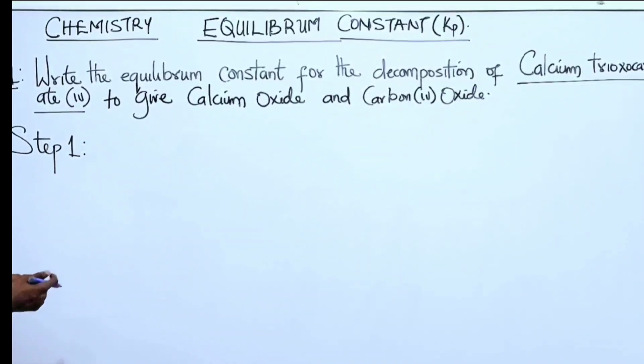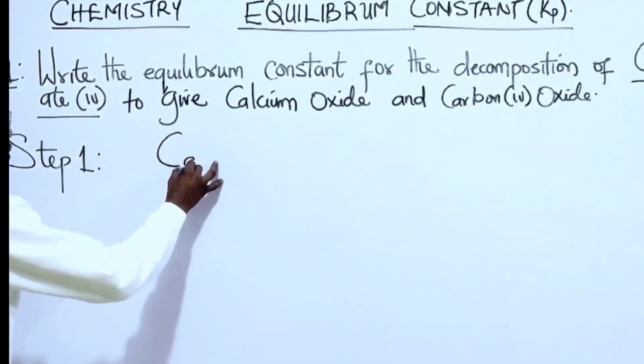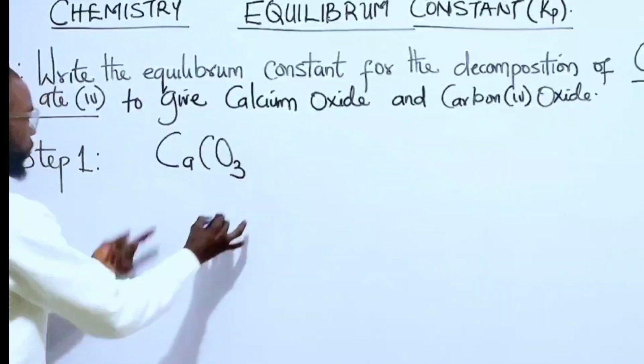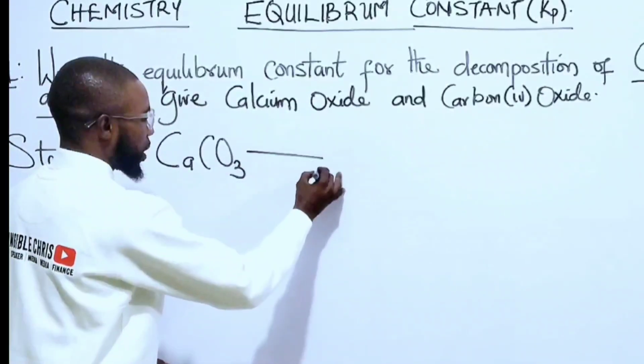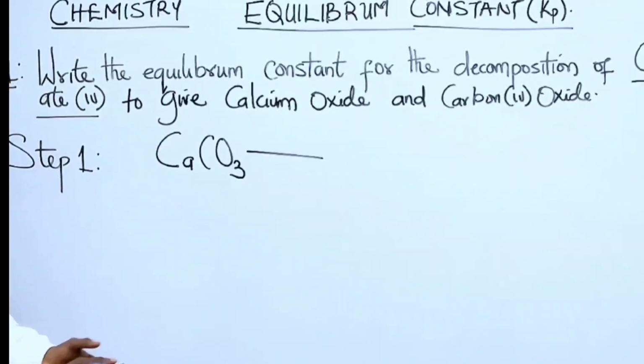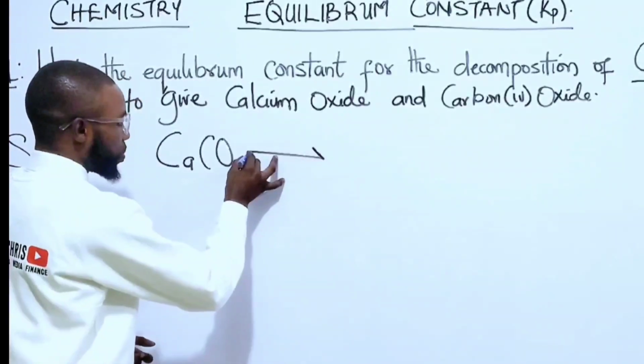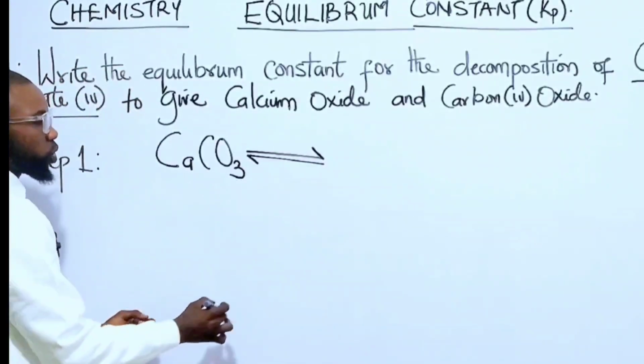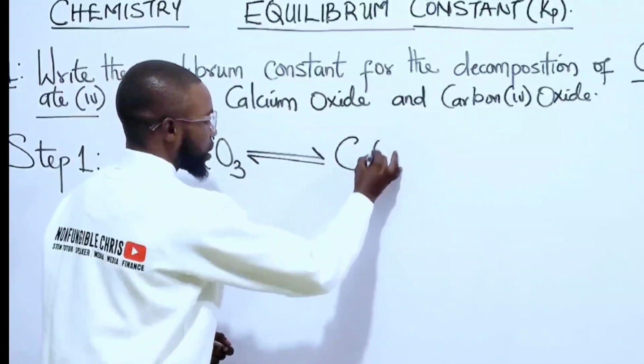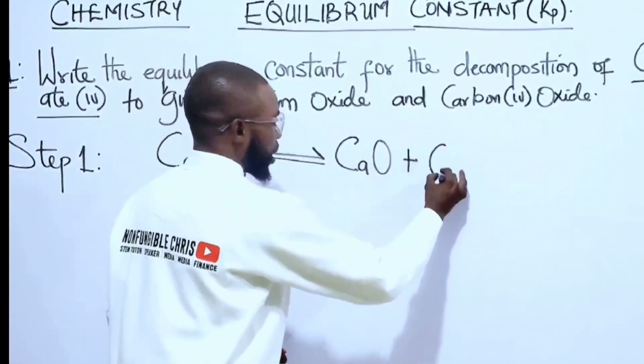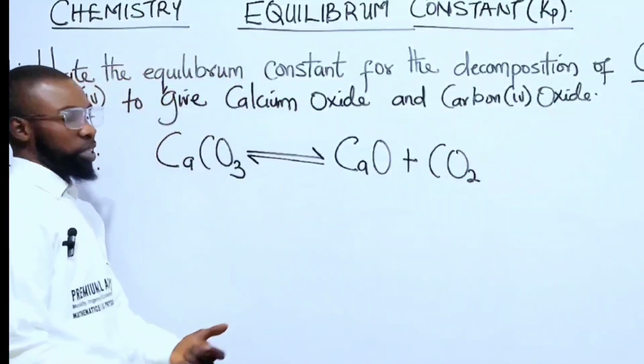So what are the equations? We are decomposing calcium trioxocarbonate IV to give us 2 things. And since we are looking at the equilibrium constant, it's going to be in 2 forms. We are decomposing it to give us calcium oxide and carbon IV oxide. So let's check if this is balanced.